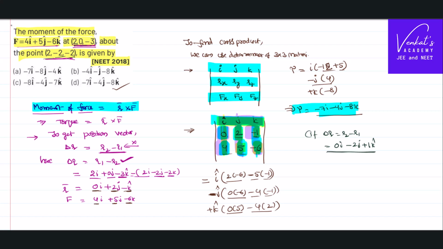This delta R is seriously different from the earlier one, because here you got a minus 2 but there you got a plus 2, and here you got a plus 1, there you got a minus 1.